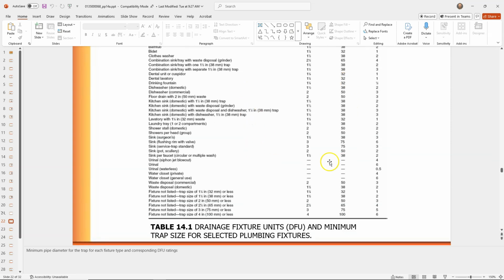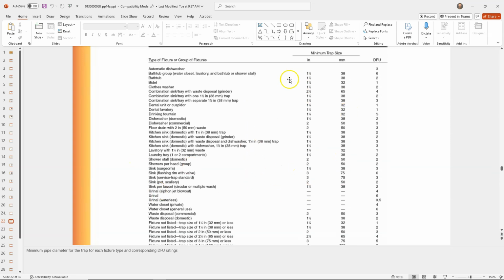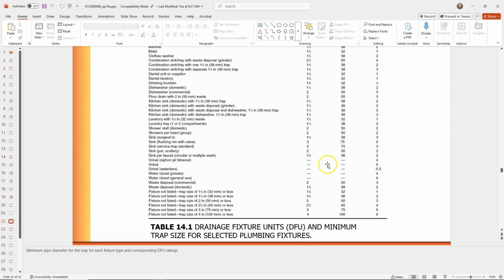When we get down a little bit farther, you can see that the trap size is not listed for some of these things, like for this urinal here, all the way down to this water closet here. The reason for that is we're not actually connecting a trap to those devices. The trap is integral, so it's built into the fixture itself. However, they are each rated for DFUs.